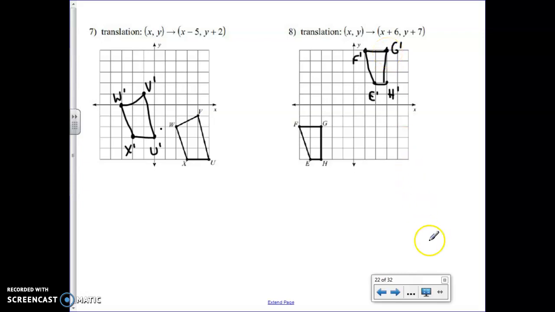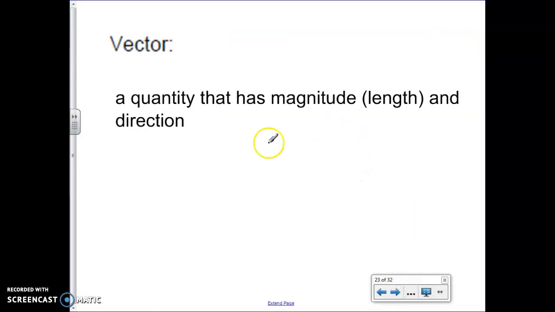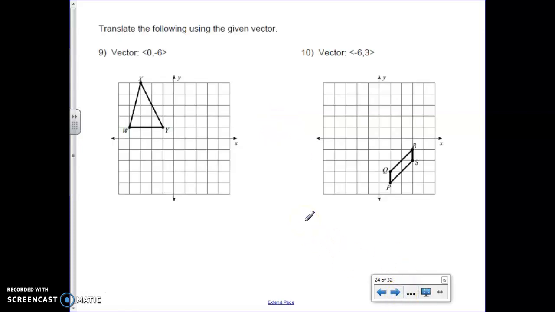Okay, so another way that we could say this, not only with coordinate notation or in words, is we could say it with a vector. A vector is a quantity that has magnitude, which is length, and direction. So in this case, we have a vector that's 0, -6. This is telling me what's happening with x, and this one is telling me what's happening to y.